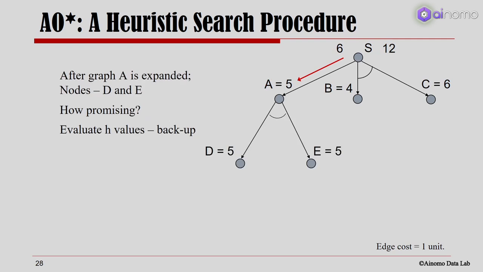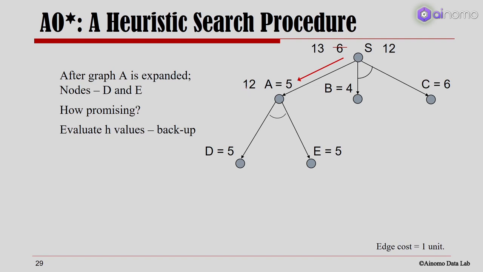I get nodes D and E. Question is, how promising are they? So, I evaluate their age values, which is 5 and 5 here, and I revise the value for A now. So, I have 5 plus 5, 10, and this being a 2 connector, I add 2. So, I have a 12 here.